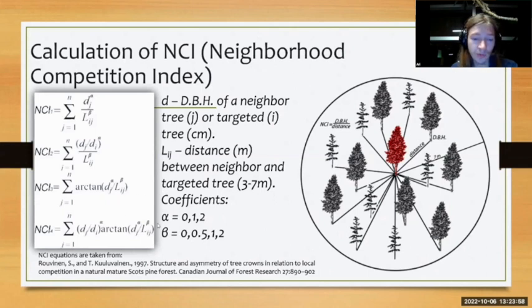This is to assess the horizontal angle between the trees.